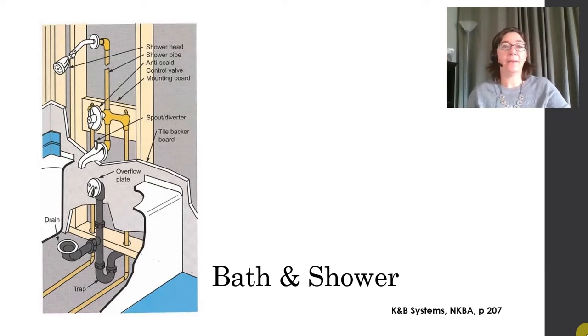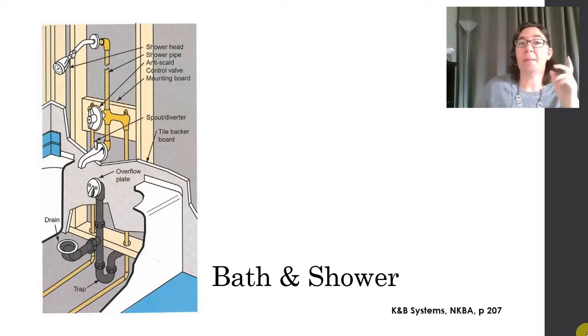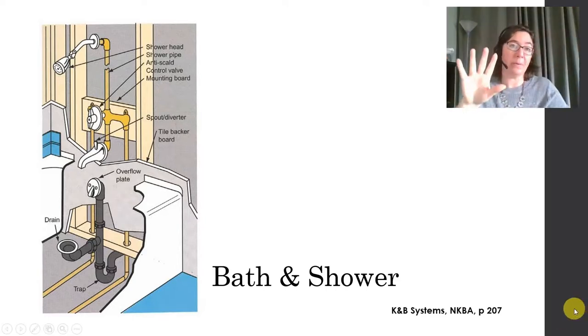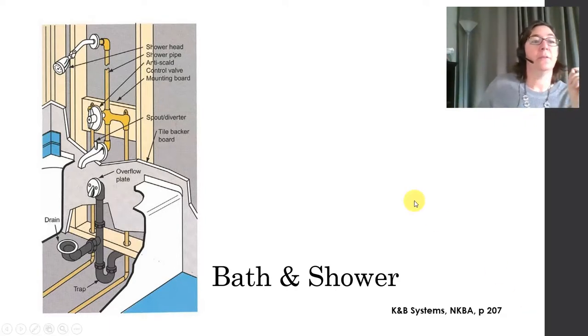Let's take a look at some tub and shower connections. Here's an example of a tub and shower together, or you can have just one piece or the other. So right here we have the tub spout and the controls. In this case, it's a double control. It controls both the shower and the tub using this diverter.